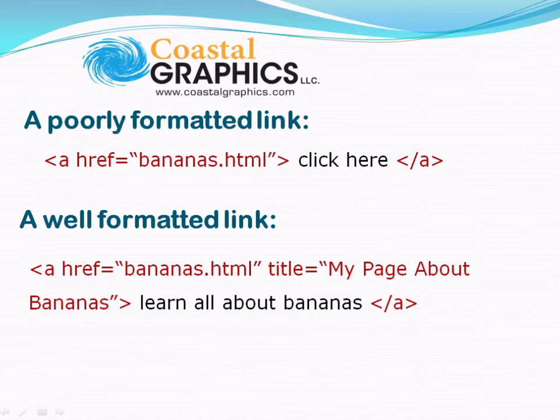However, for the second link, when you go to bananas.html, we have a title attribute there, which indicates what the referenced page is about. But more important than that, you can see the anchor text, which is the text that is actually clickable, tells you what the next page, bananas.html, is all about. It's about learning all about bananas.